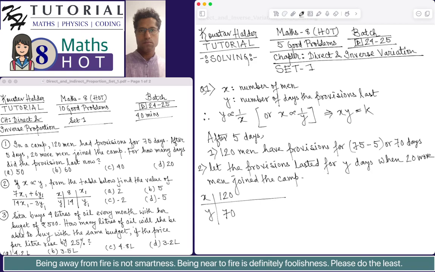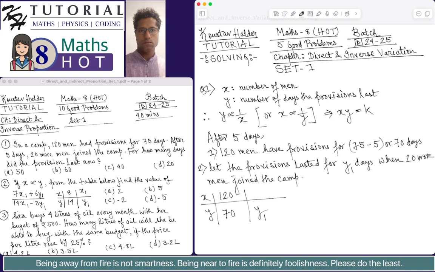Now the second data: after 5 days, whatever provision was left lasted for another y days. So we will write y1, not y, because y denotes the quantity. Whenever you assume some corresponding values of x, it should always be x1 or x2 or x3. Similarly, when you assume some values of quantity y, it should be y1, y2, y3, like this.